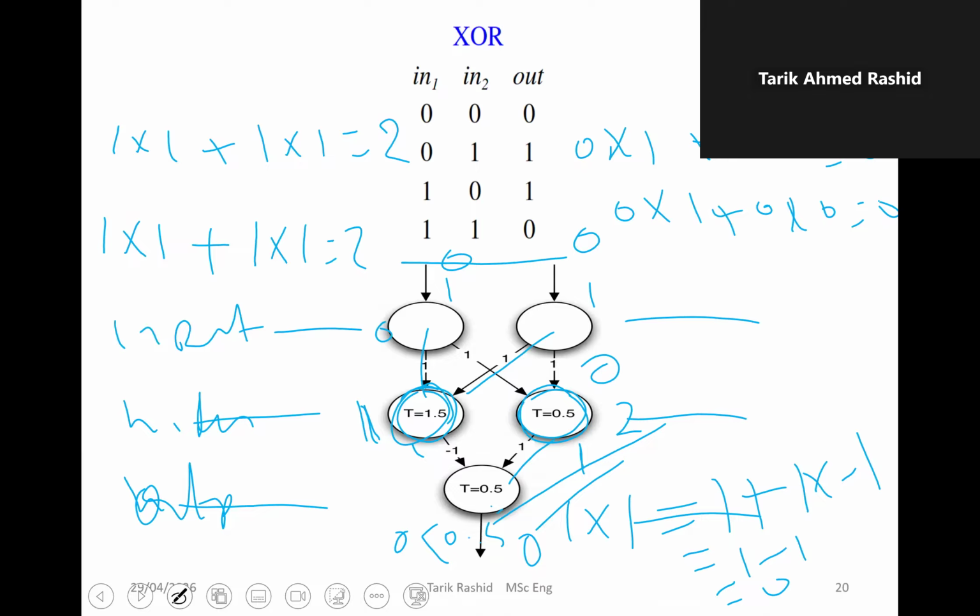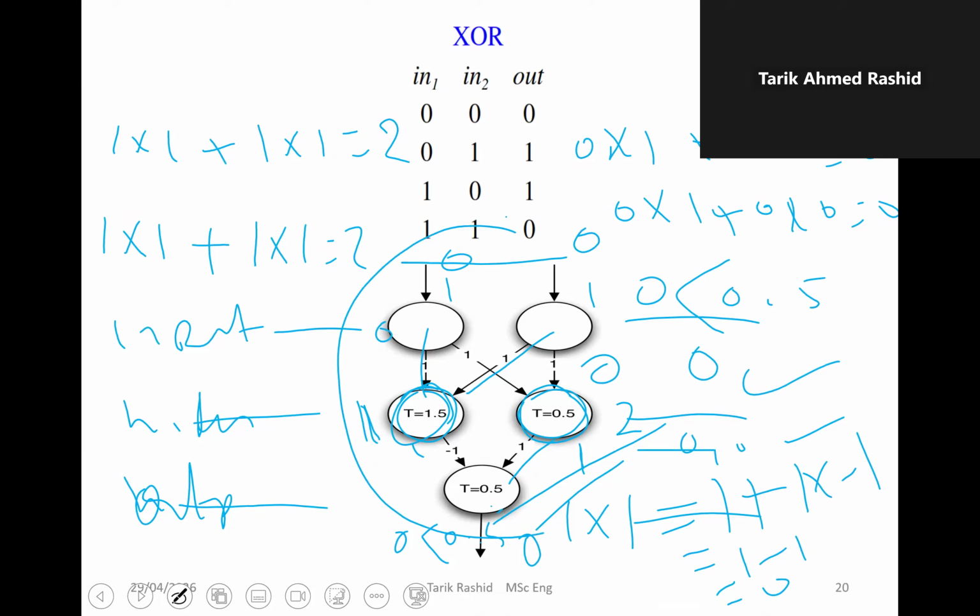So is 0 greater than 0.5? No, that means the result is 0. So we did 1, 1 giving 0, and 0, 0 giving 0. So that is the idea of this one.